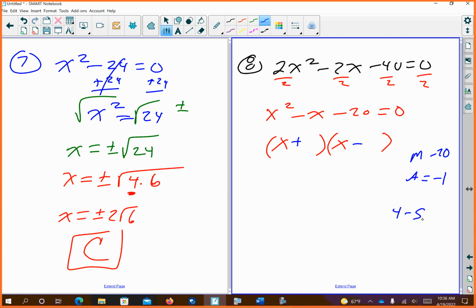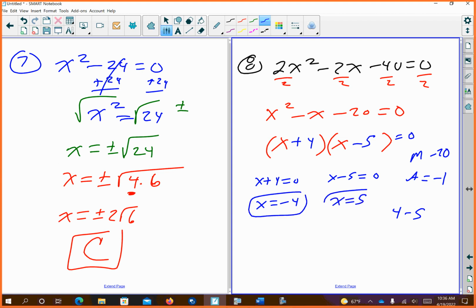Negative 5. So 4 minus 5. So it's a negative 5, a positive 4. You're not done at that point because then you're going to set each of these equal to 0. And so I get x equals negative 4 and x is equal to positive 5. So that's number 8, which is C.